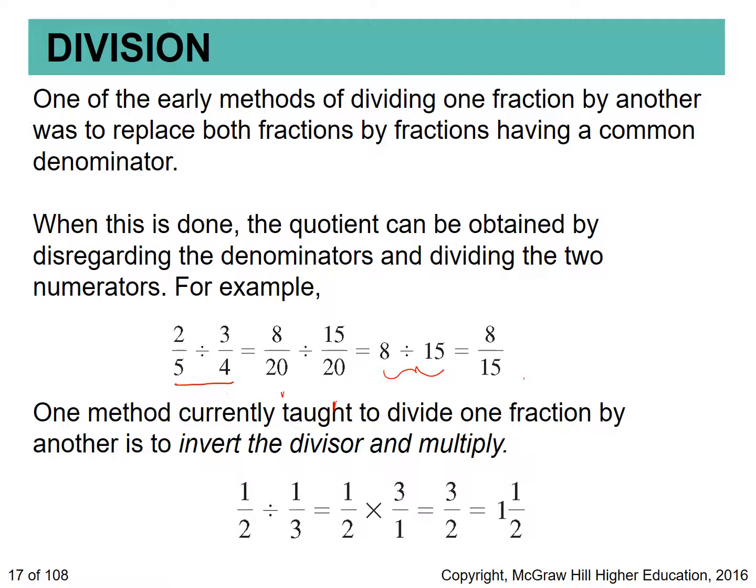So if I'm going to take 1/2 divided by 1/3, I change that to 1/2 times, turn this to 3/1. It's called reciprocating. So this problem becomes this problem, and now we can just use our multiplication. I multiply 1 times 3 to get 3, 2 times 1 to get 2, and 3/2 can be written as 1.5.